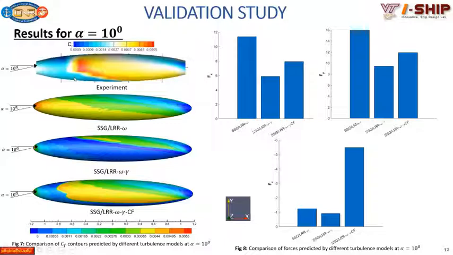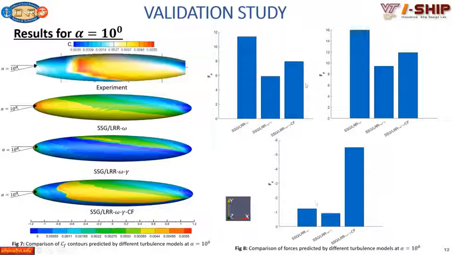The next case is alpha equal to 10 degrees. Sorry, I said Celsius, I meant 10 degrees. The cross-flow model again seems to predict the transition pretty well. The transition line is slightly skewed, but apart from that, the transition point is fairly okay. It's just slightly upstream compared to the experimental data, but otherwise the cross-flow transition is captured, as opposed to the other two models, the fully turbulent and streamwise models, where it is completely non-existent.